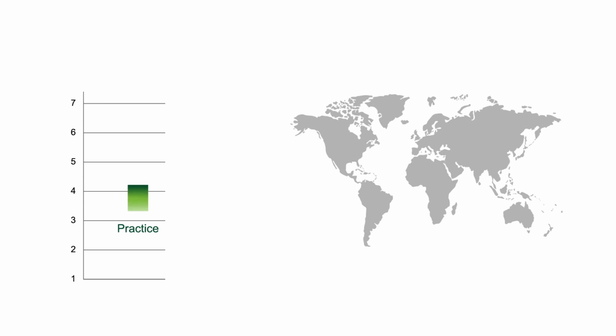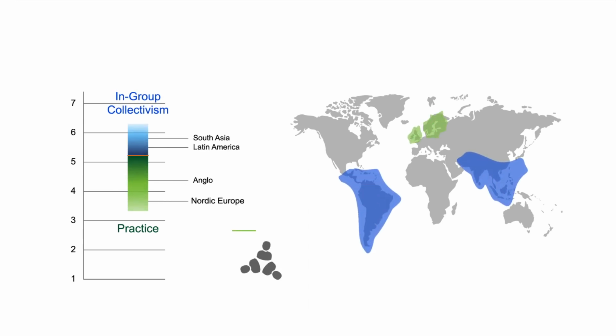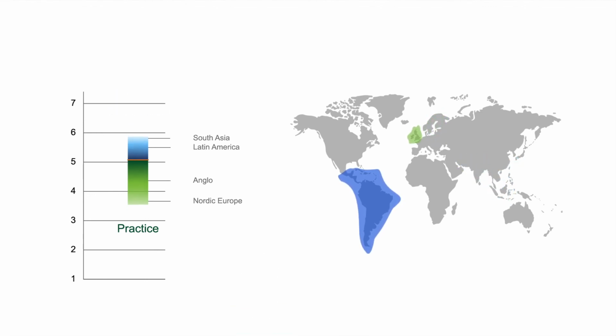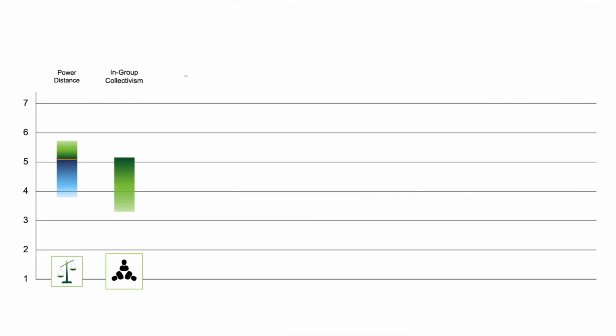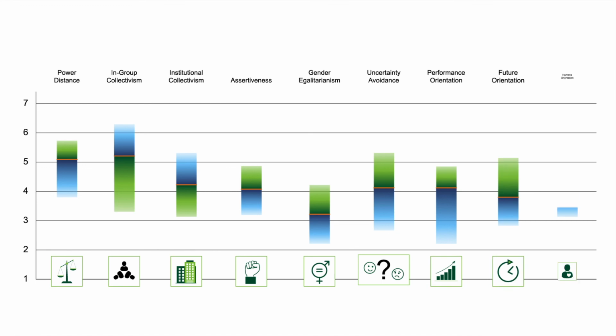In-group collectivism is greatly practiced throughout Southern Asia and Latin America, but much less in Nordic Europe and the Anglo world. High-performance orientation is practiced in Confucian Asia and the Anglo world, and much less in Eastern Europe and Latin America. Globe's statistical methodology is fairly sophisticated, allowing us to relate the cultural dimensions to results from other social studies.